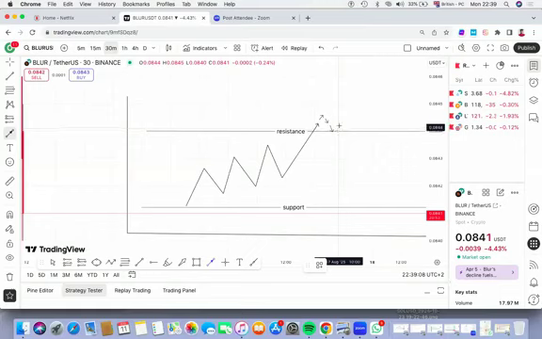for a long position. When there's a breakout on our support, that's where we can take a short position when we are trading futures, okay?